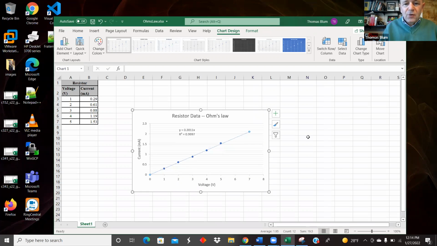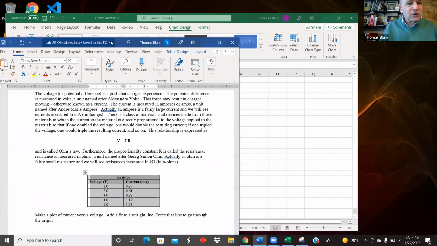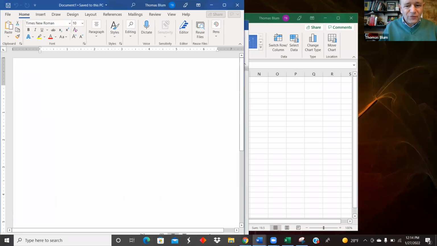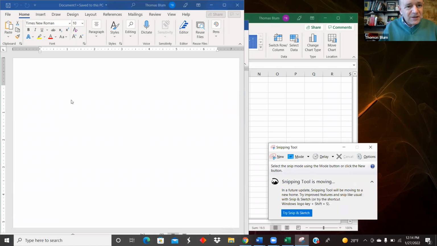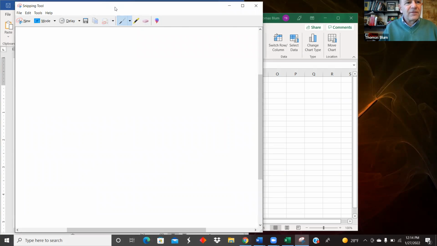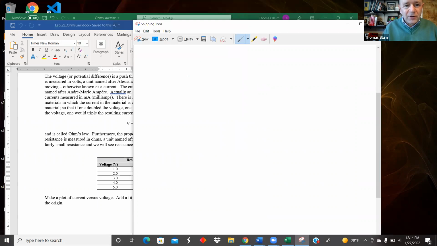Okay. One other thing I want to show is sort of in interpreting this equation here and comparing it to theory. So I'm just going to do a little snipping here, just in lieu of a whiteboard.